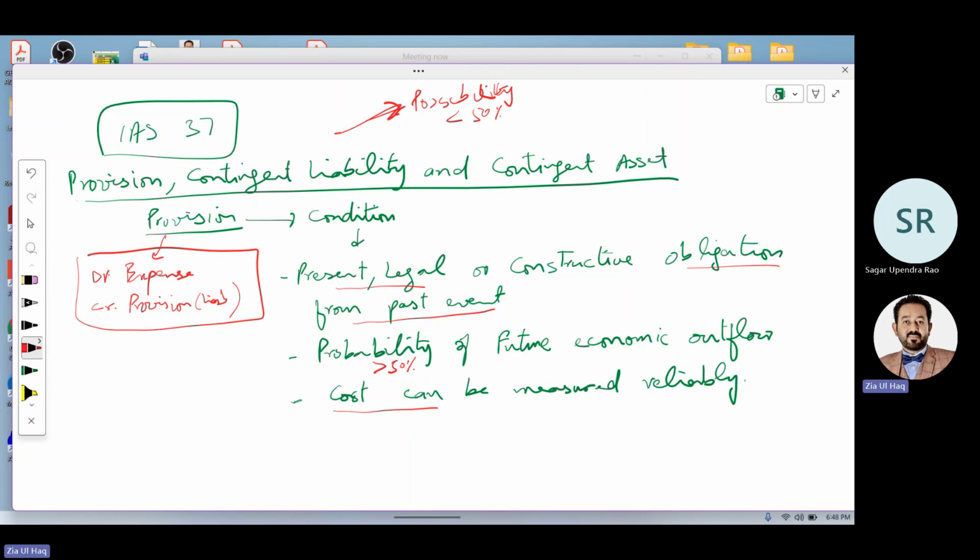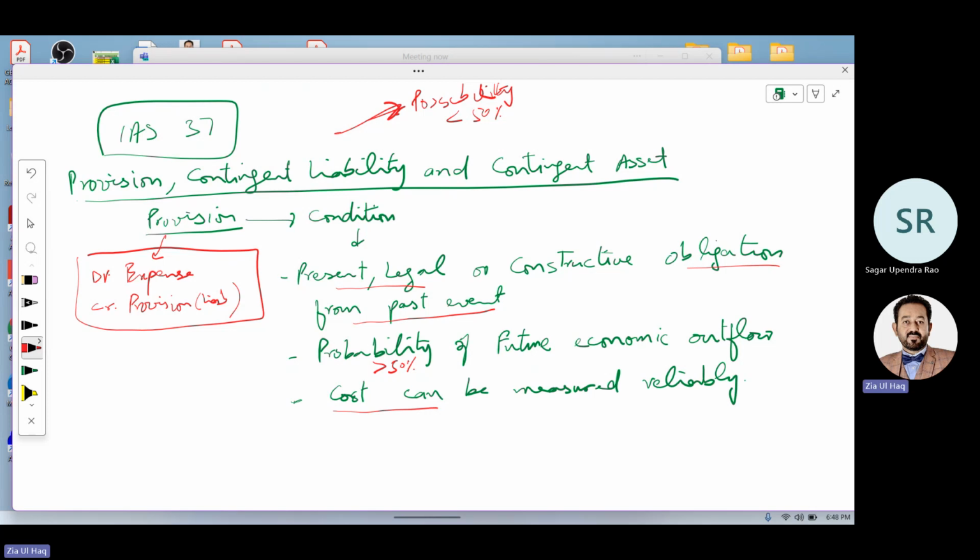If there is a probability, there should be a provision, an accounting entry. If there is a possibility, it means the outcome of the amount will be based on a future court decision. The amount is not measured reliably now. In that case, you have to disclose it as a contingent liability. Is that fine?